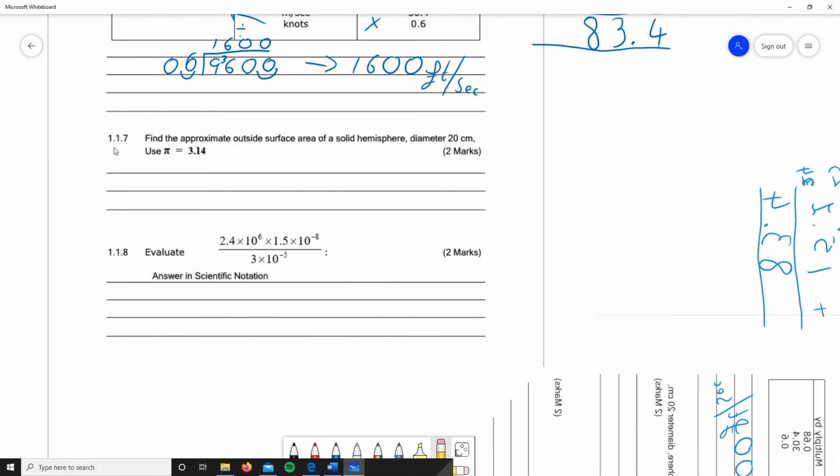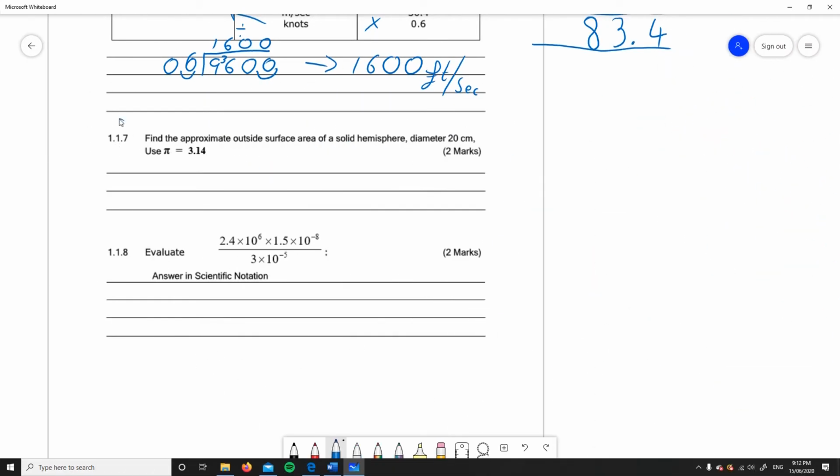Rightio, moving on to question number 7. So this is looking for the outside surface area of a hemisphere. If my diameter is 20, I know that my R is going to equal 10 centimeters. So the formula for a sphere is going to be 4 pi R squared.